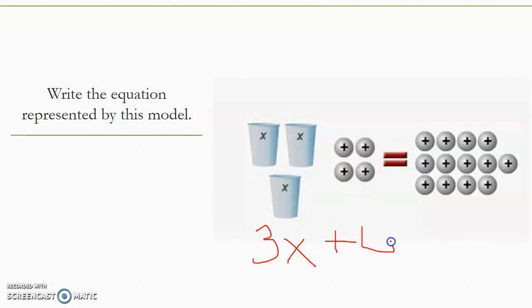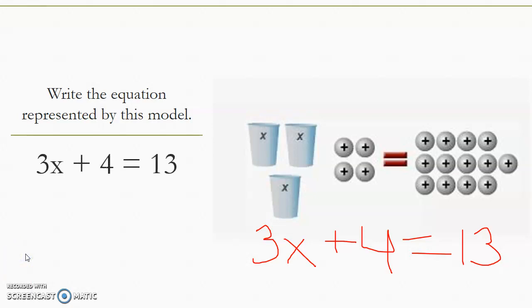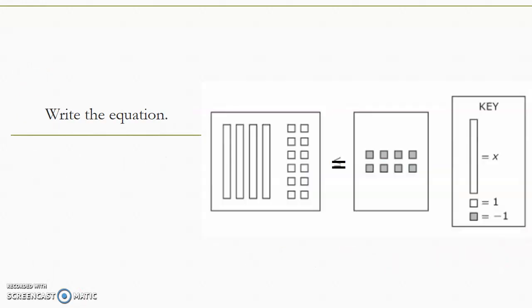So that would be plus 4 equals. And then I have all these little positive units. So that's 3 by 4, which is 12, 13. So 3x plus 4 equals 13 would be the correct equation.